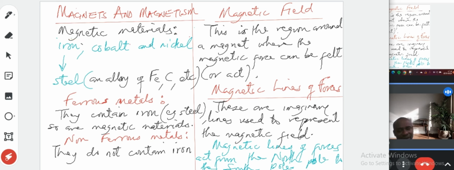There are only 3 elements: iron, cobalt, and nickel. Of course, you can add steel as a material, because steel is an alloy of iron and carbon, with some other elements depending on the quality of steel you want. So ferrous metals contain iron, so they are usually magnetic. Example, steel. Non-ferrous metals do not contain iron.